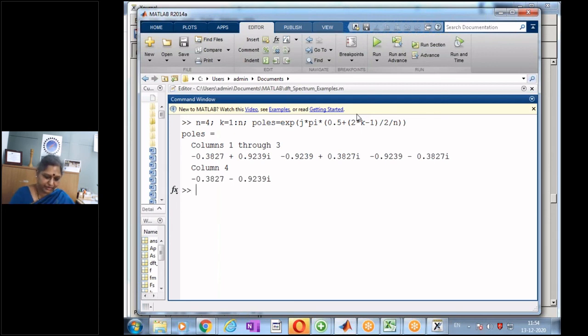And so I now get the polynomial. If I look at the polynomial that is formed by these poles, and let me take the real component, I will get the poles. This is my polynomial 1, 2.6, 3.4, 2.6 and 1.